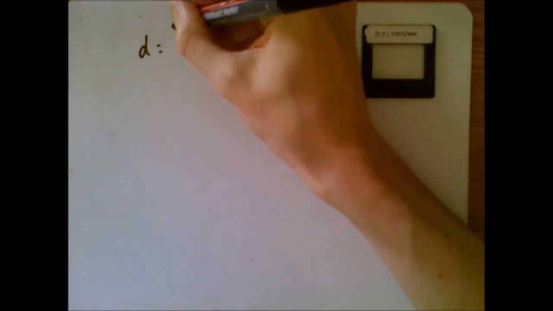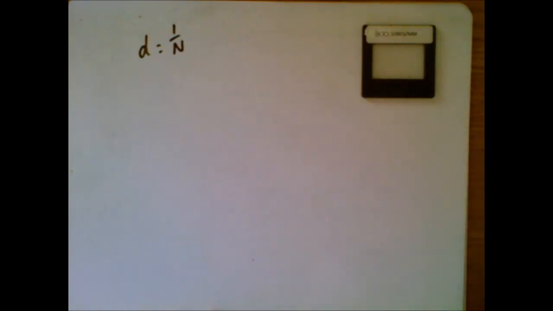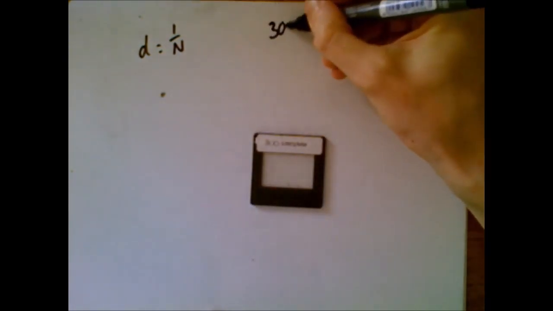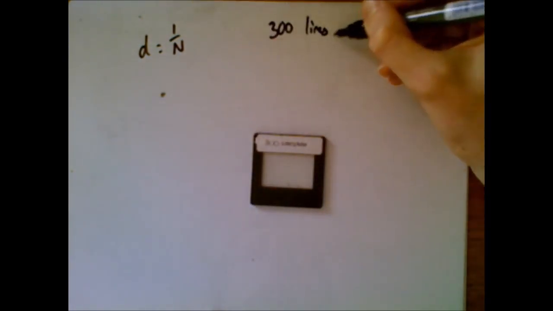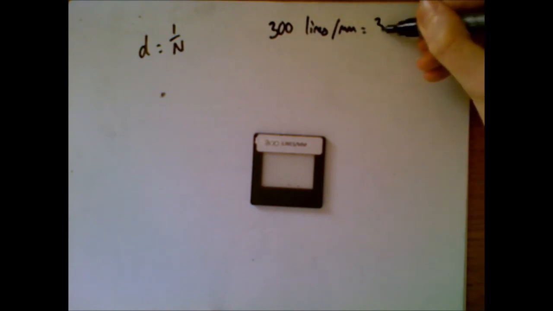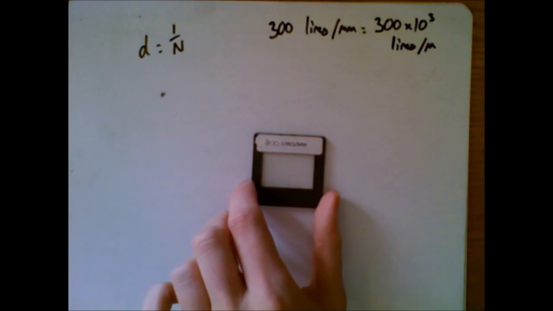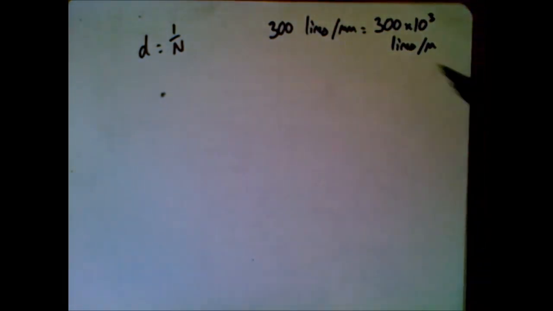Just as a quick example then, here 300 lines per millimetre. If we wanted to work out d, so d equals 1 over N. N is the number per metre. Now, 300 lines per millimetre is going to be 300 times 10 to the power of 3 lines per metre, because there are 1,000 millimetres in a metre.